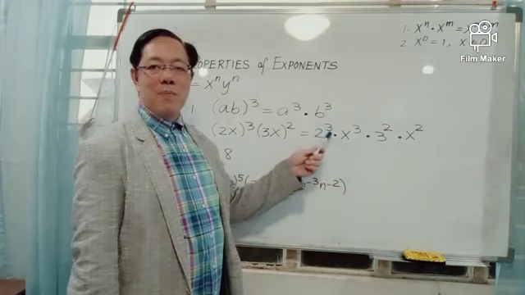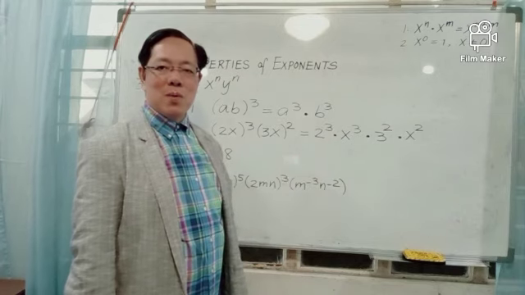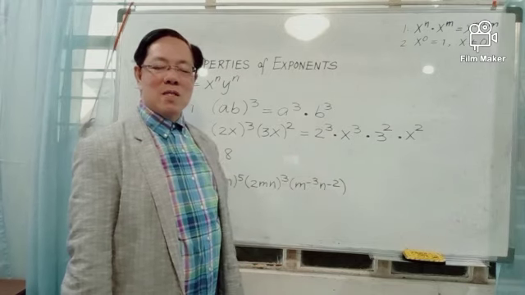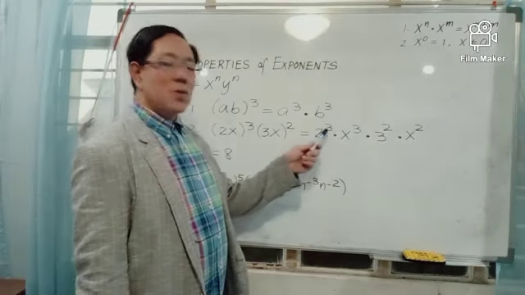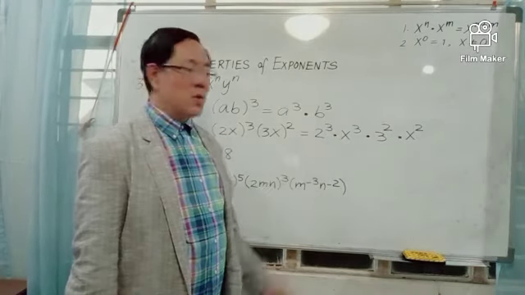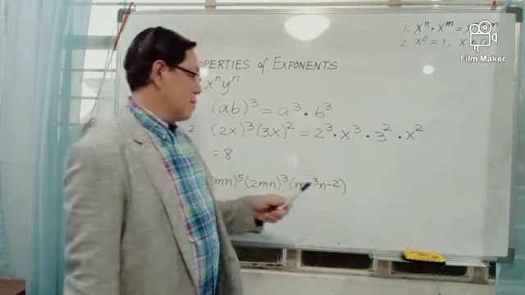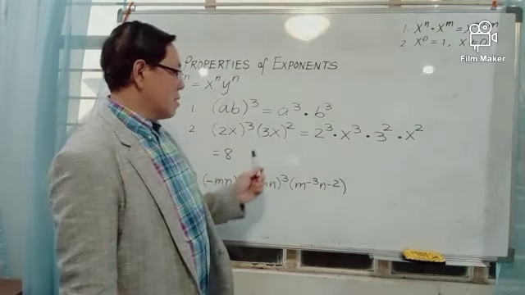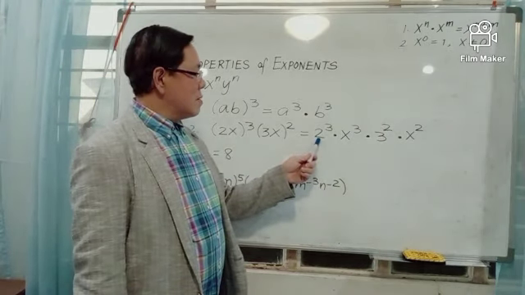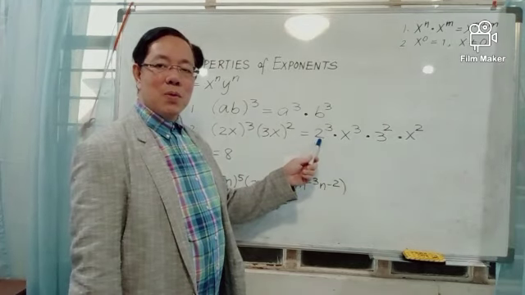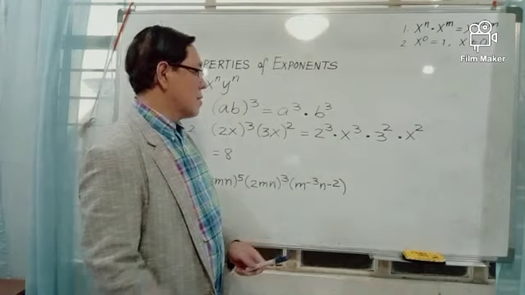So 2 to the power 3 is 2 multiplied by 2 multiplied by 2. You multiply 2 by itself 3 times and you get 8. 2 to the power 3 is not equal to 2 multiplied by 3, which is 6. The simplified form of 2 to the power 3 is 8, not 6.